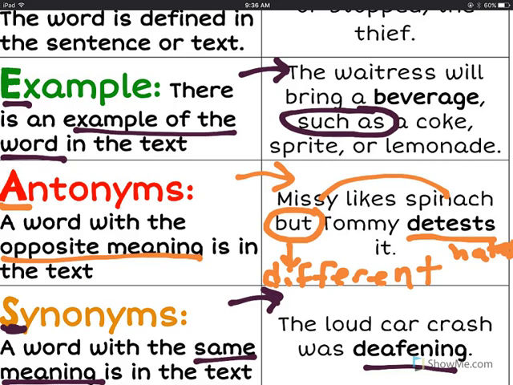If something was deafening, I know the root word of deaf. It means you can't hear. Well, what causes you not to be able to hear? Something that's loud. It just means that it makes it really hard on your ears. It might cause a person to go deaf. So, I know deafening means loud.